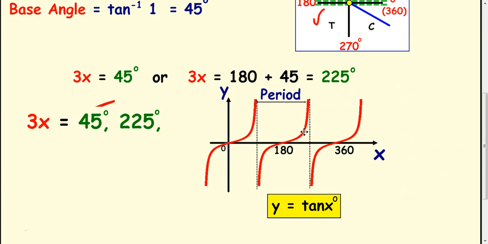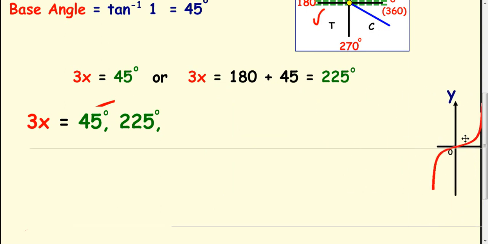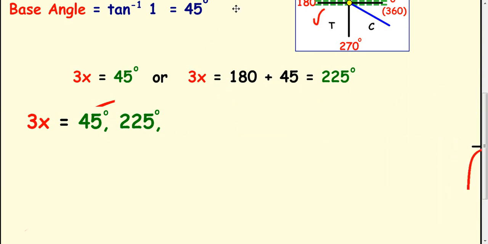If I take this second value of 225 here and I jump forward 360, I would get the next solution. So you can just jump forward 360 degrees as before. Or you could say I've got 45, I've got 225, jump forward another 180 to get this one from the 225. In my example, I have jumped forward 360 to get 405.